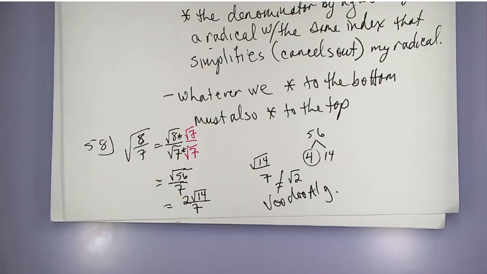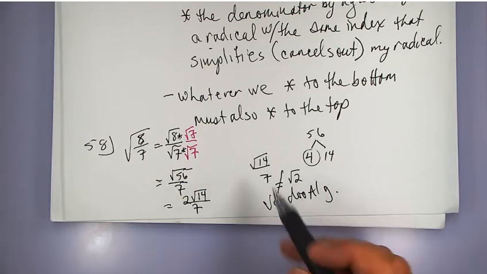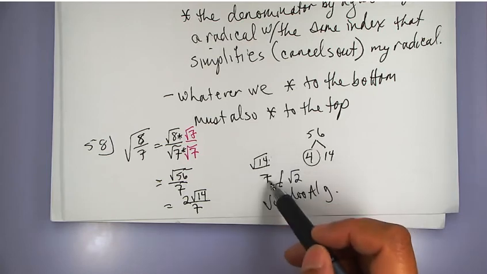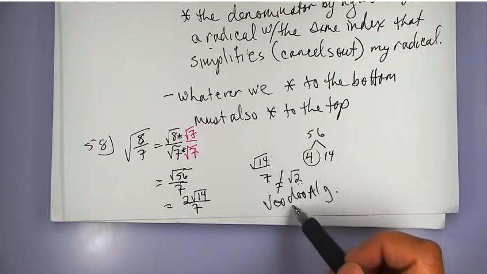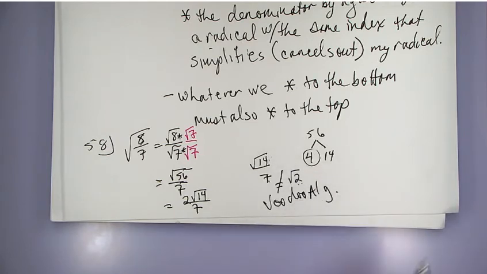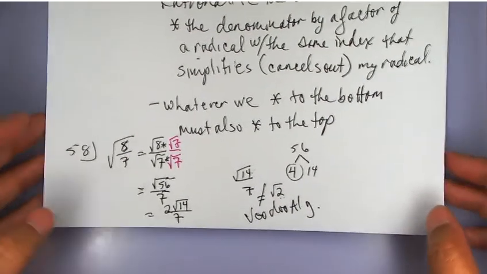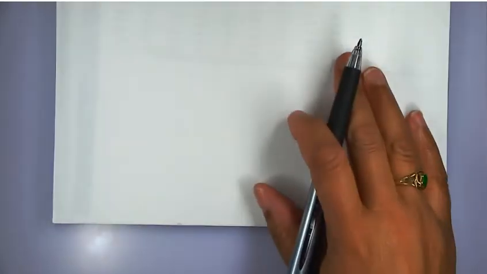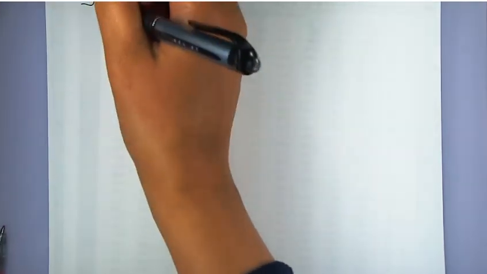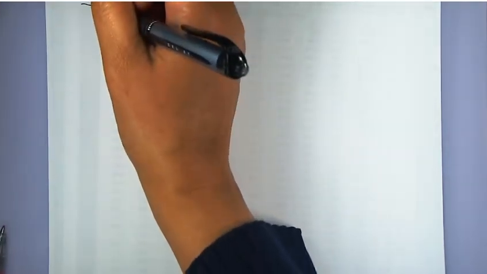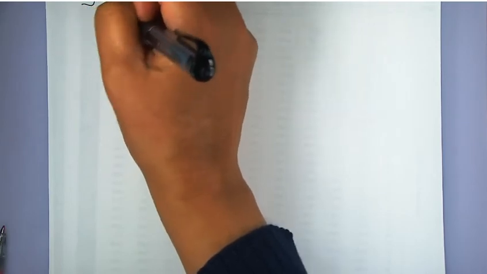What do I have to multiply top and bottom by to be able to get my cube root to go away? Well, I see an a. When I get done, I want a to be a cubed. That's what I want. So what do I have to do in order for my radical to go away? I need this cubed. So what do I have to multiply a by to make a cubed? Yes, you guessed it. I got to multiply it by cube root of a squared.